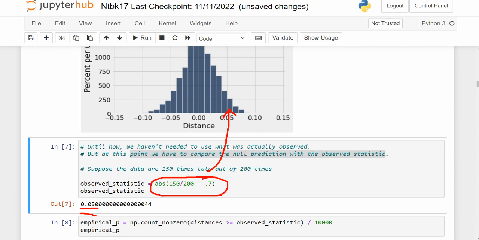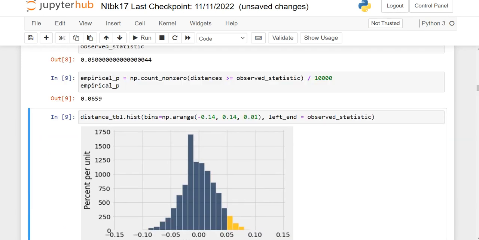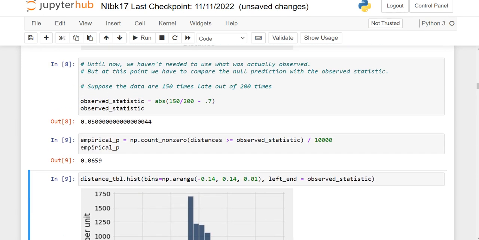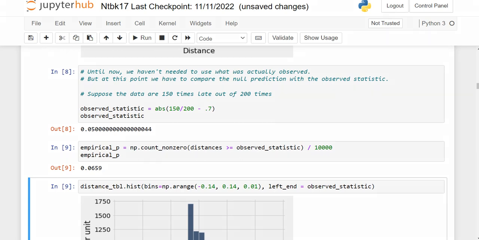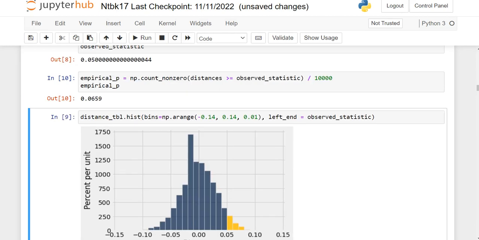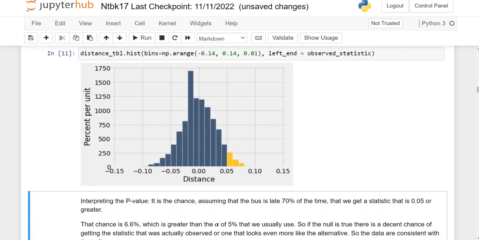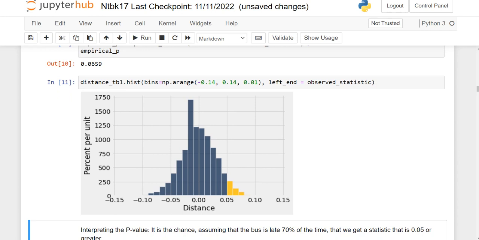What's the p-value? The p-value is the probability that the null is true. Okay, so we've got this, and they calculate the empirical p. Okay, that's good. And then after we have this empirical p, they're going to shade the part of the bell curve that's related to it.